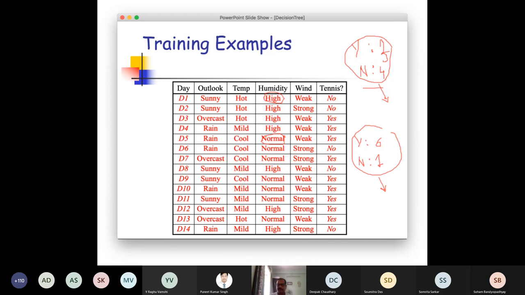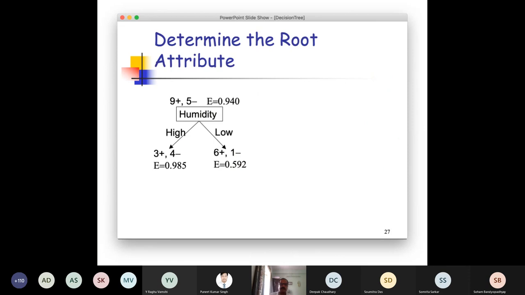But if the samples are different, then the weight should be proportional to the sample size. I hope that is clear. In this case, incidentally, the weights are equal. So this is the computation. If you look at the computations, you can see the entropy of the partition induced.